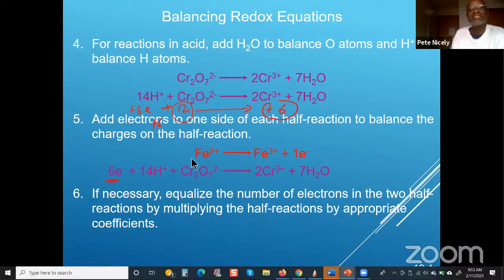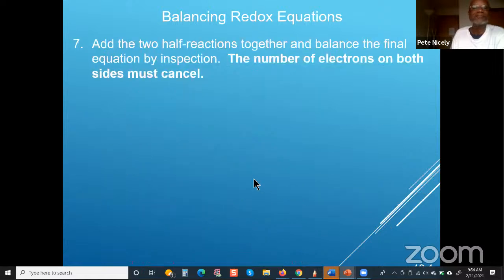You multiply this half equation here by 6, because by doing that, you're going to end up with 6 electrons here, which is equal to the 6 electrons gained here, all right? So that's what is done here. You'll notice that now we multiply this by 6, so that's 6 electrons here, and the 6 electrons here would be equal.